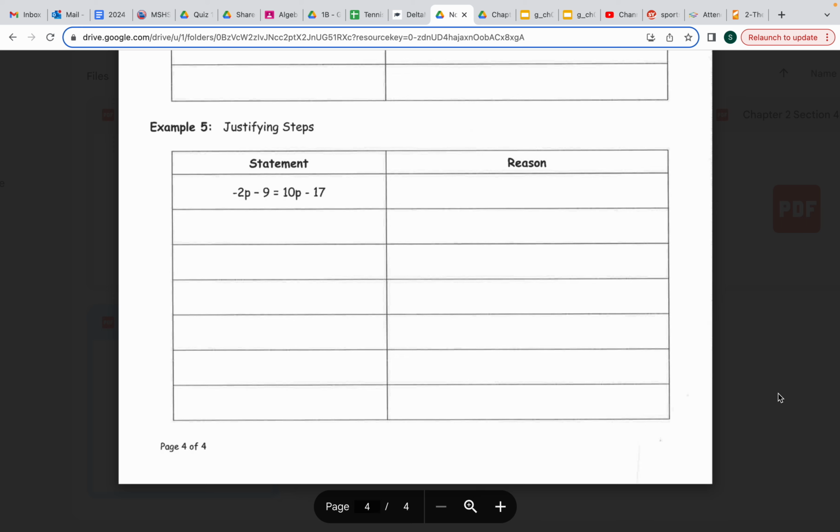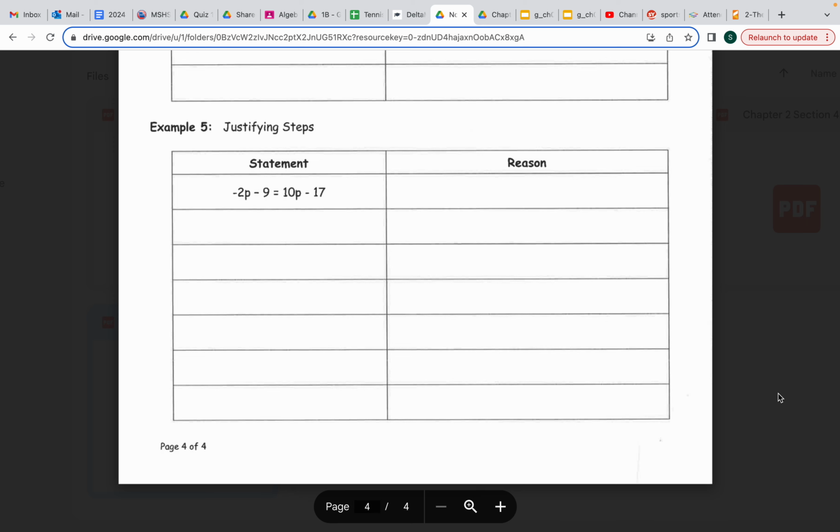Okay, what about my next step? What do I have to do? Yeah, add the negative 2p, so that gives me 8 equals 12p. All right, and what property is that? Again, we added, so it's going to be addition property. All right, now what?